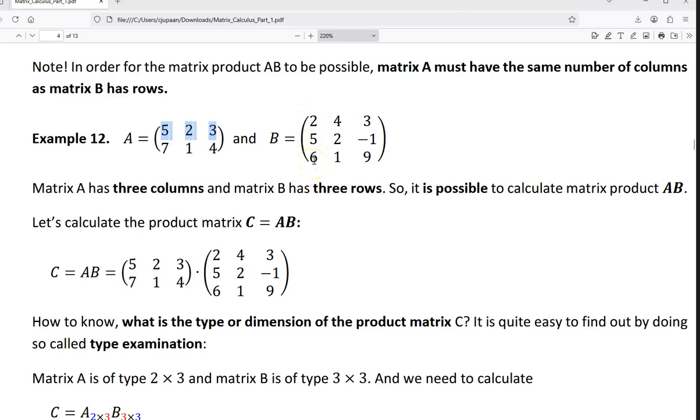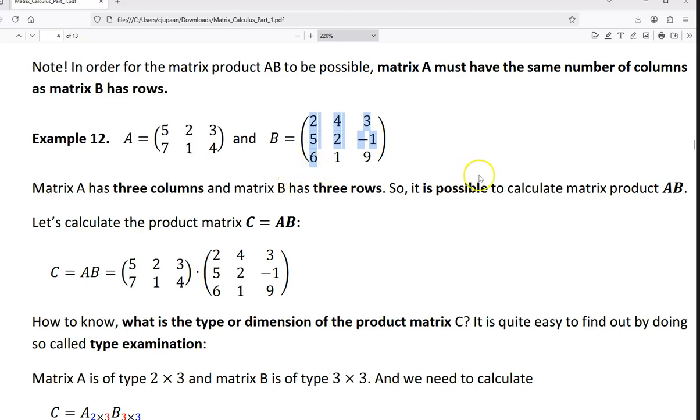If we want to multiply A times B, the first matrix A has 3 columns, and the second matrix B has 3 rows. So that means it is possible to calculate that matrix product.